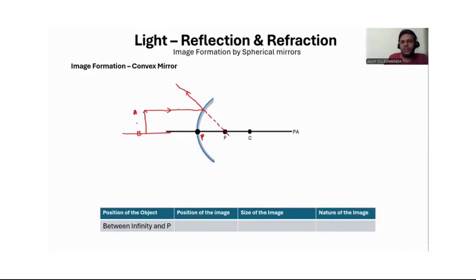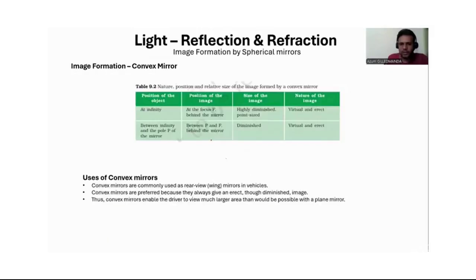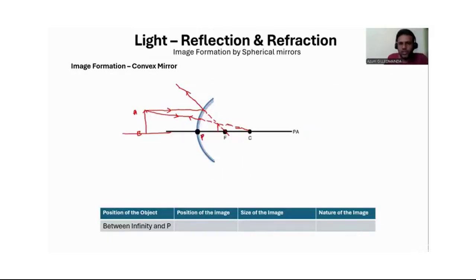Now, what happens if a ray is incident like this, through the center? I'm trying with freehand, guys. If a ray is incident through the center, then it also reflects along the same path, right? So where these two lines are joining, these two lines are joining here.